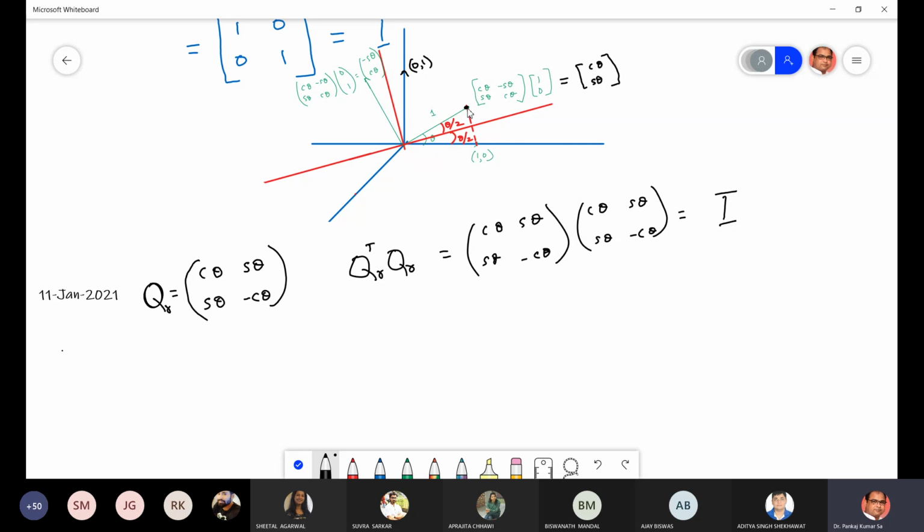The same point I can get using cos theta, sin theta, sin theta, minus cos theta times 1 0, which is equal to cos theta, sin theta.